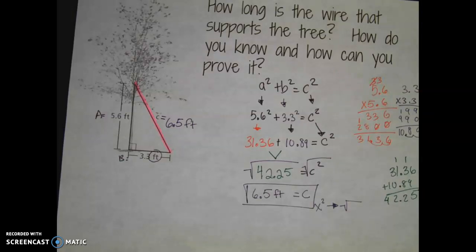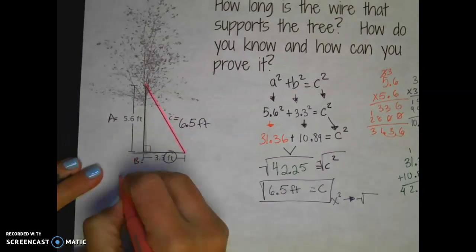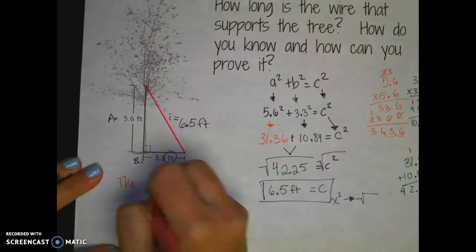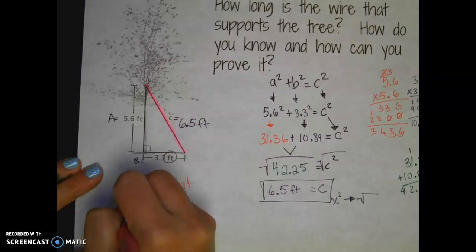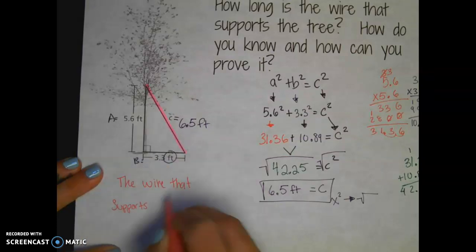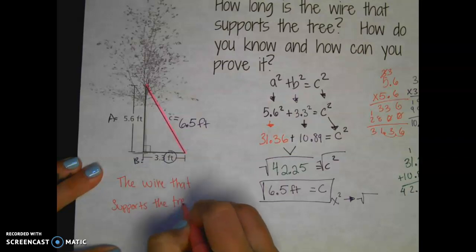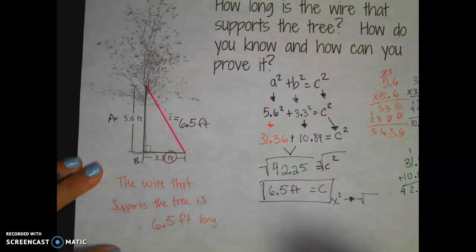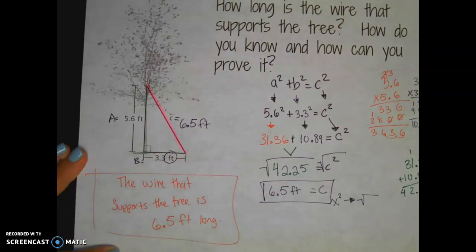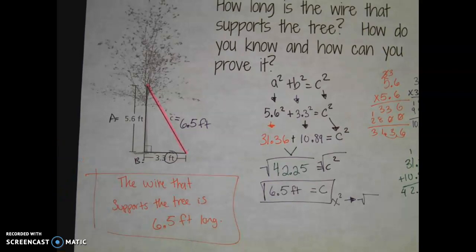And how can you explain it? Say the wire that supports the tree is 6.5 feet long. That's how you describe it in words.